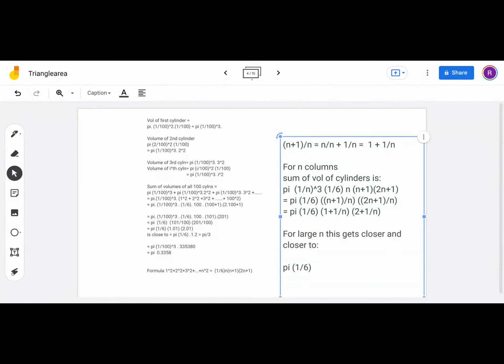Yes. So now tell me, as n becomes larger and larger, very large, a billion, a trillion, what happens to this 1 plus 1 over n? It gets closer and closer to? What is 1 plus 1 over n when n is 100, Madhumita? 101 divided by 100.